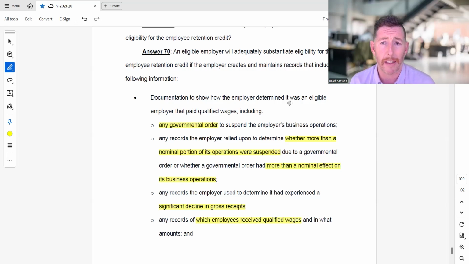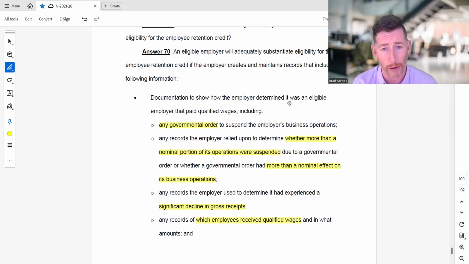But a nominal effect, in fact, there's no other discussion of nominal effect on business operations. When you're determining whether or not a government order had more than a nominal effect on your operations, it's fair to assume, can you point to more than a 10% effect on your operations? And if you go back to those early portions of what is a partial suspension, I've done other videos on this.